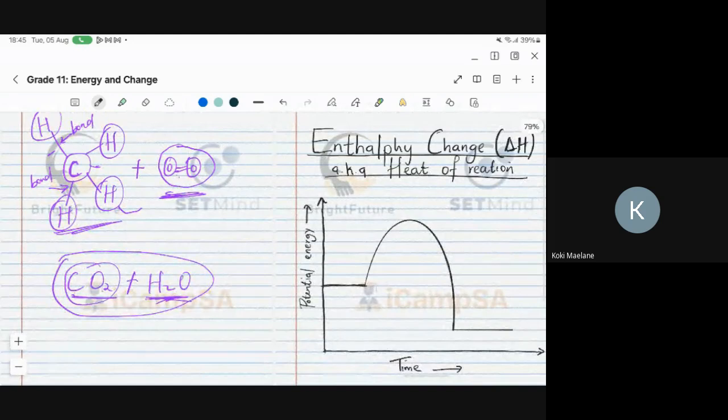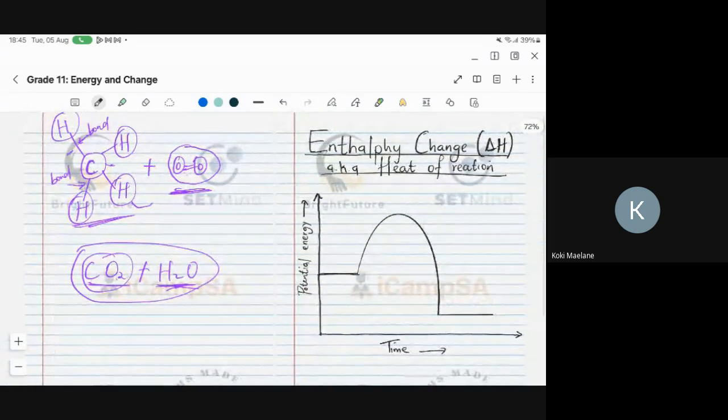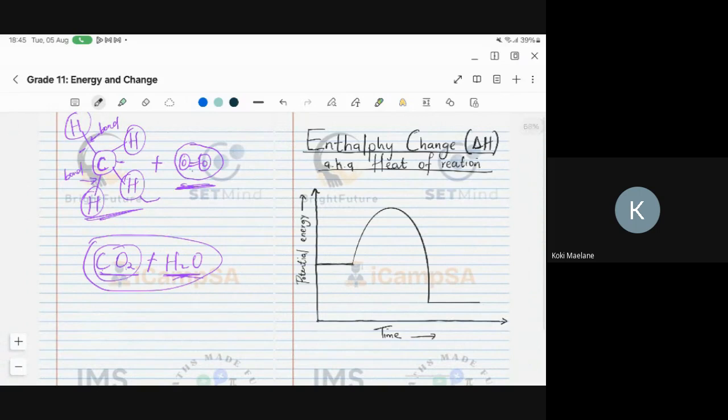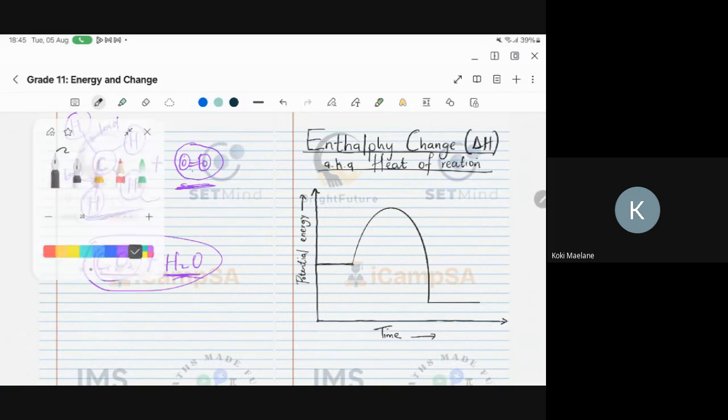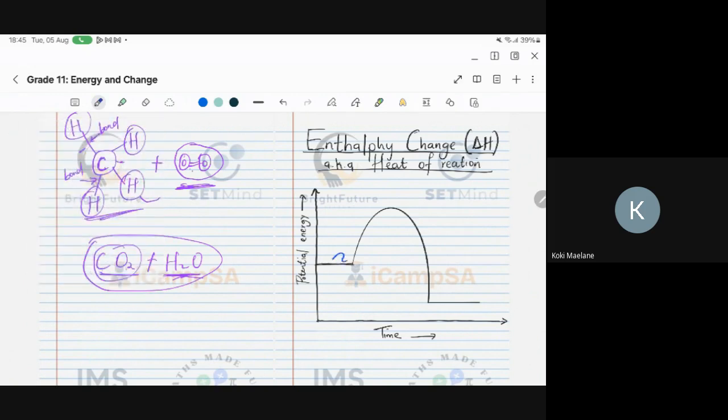Now, in this graph, I want to illustrate all the definitions that we just covered. What usually happens is you'll find your reactants here. This first line represents your reactants, and these are your products, or the energy of your products. So the energy goes all the way there.